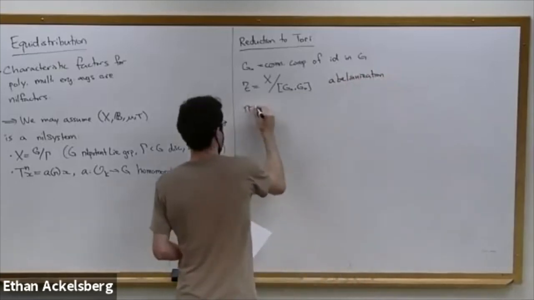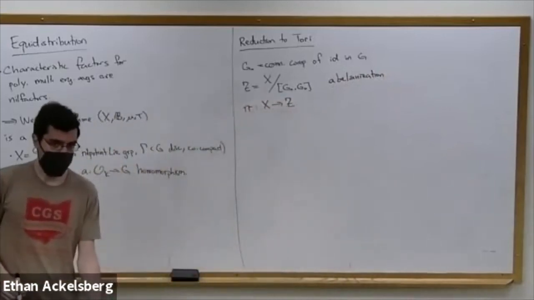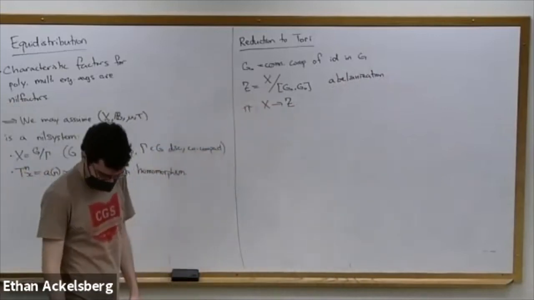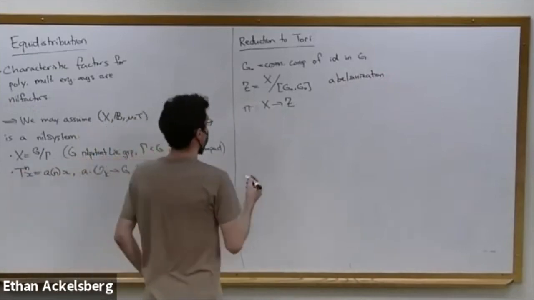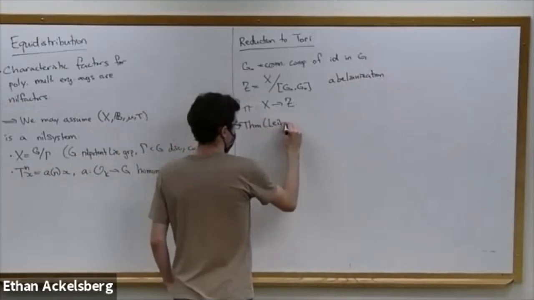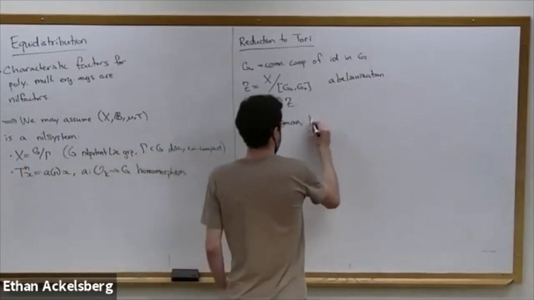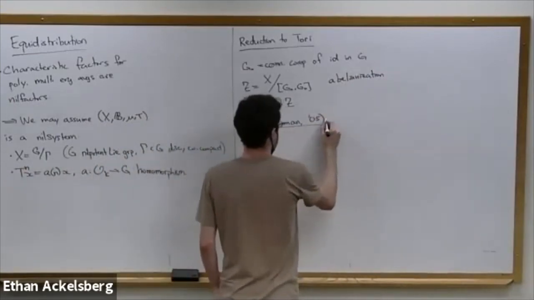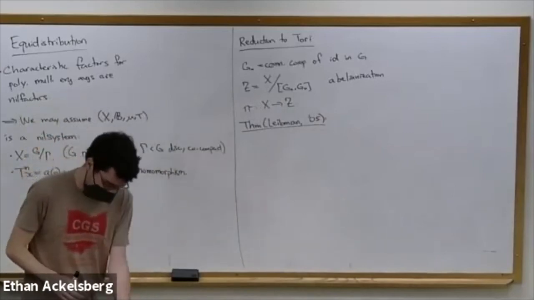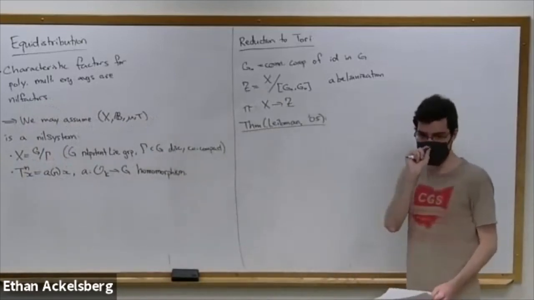And we have a projection from X. Right, so by modding out by commutators, we get something abelian, and there is a result due to Leibman, this is 2005, that allows us to reduce to studying things in the abelian part.